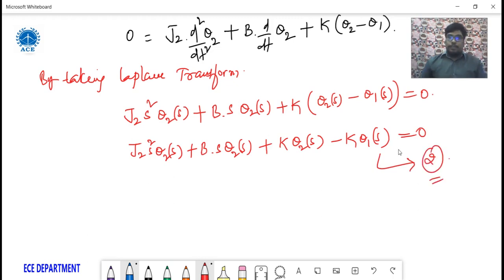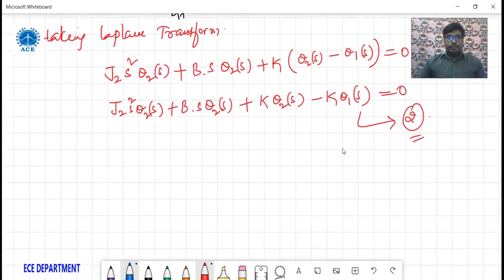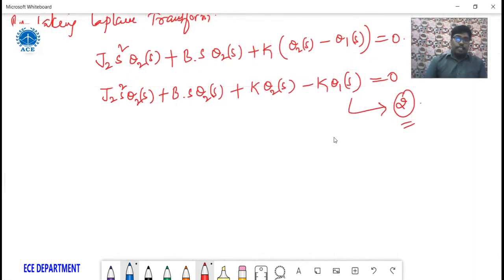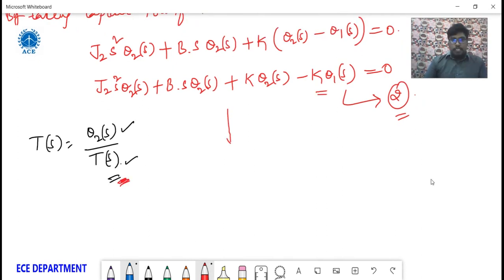Now what we need to find is the transfer function theta 2 of s divided by T of s. This is the output and this is the input. So let us take theta 2 of s common.